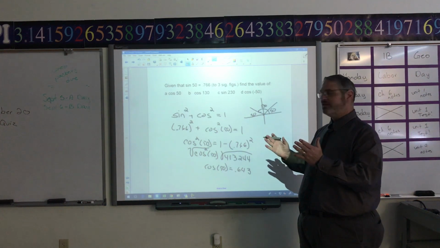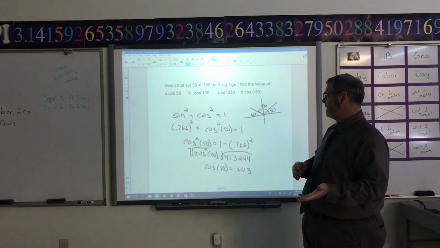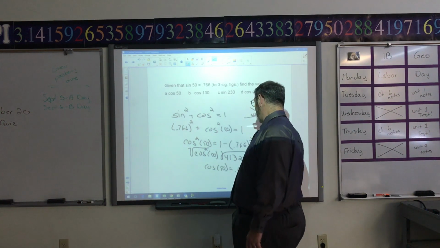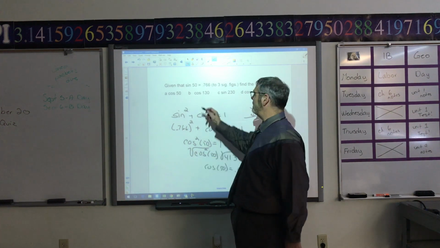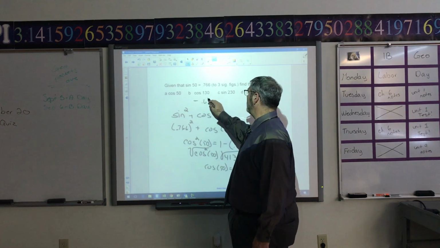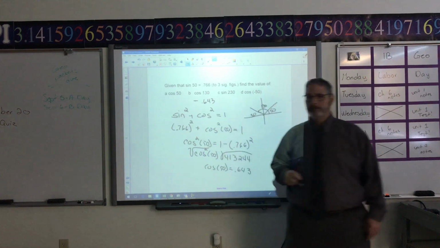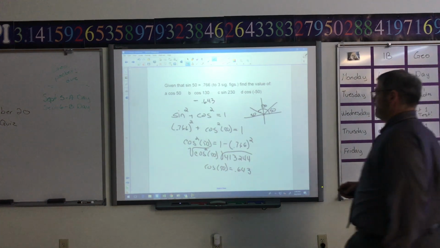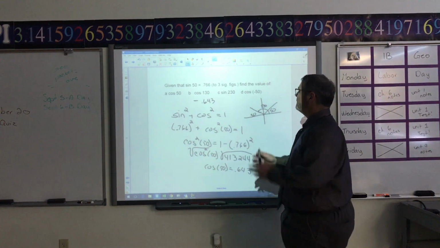Well, it's the same distance as 50 in the opposite direction. So the cosine of 130 is going to be the same as 50 except negative. So this is going to be negative 0.643. Okay?